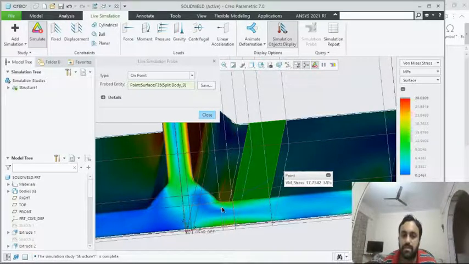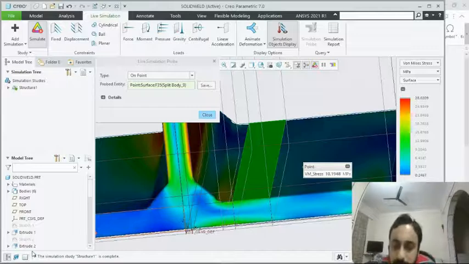We cut the plane and we check the points here, sigma A here and sigma B here. So sigma A comes out to be 17.7542 megapascal, and sigma B comes out to be 10.1948 megapascal.